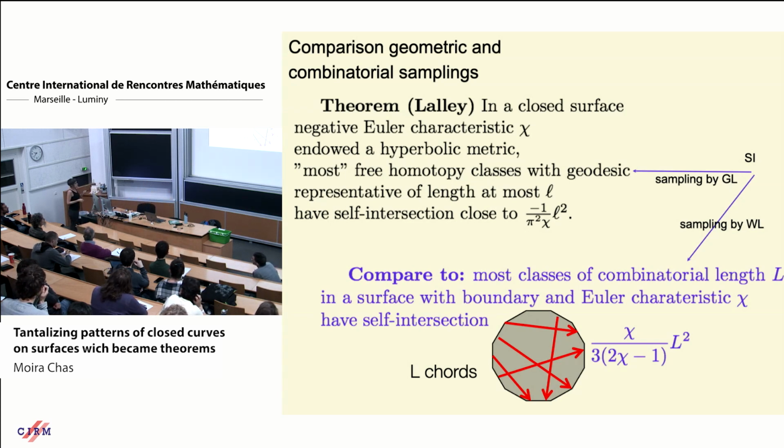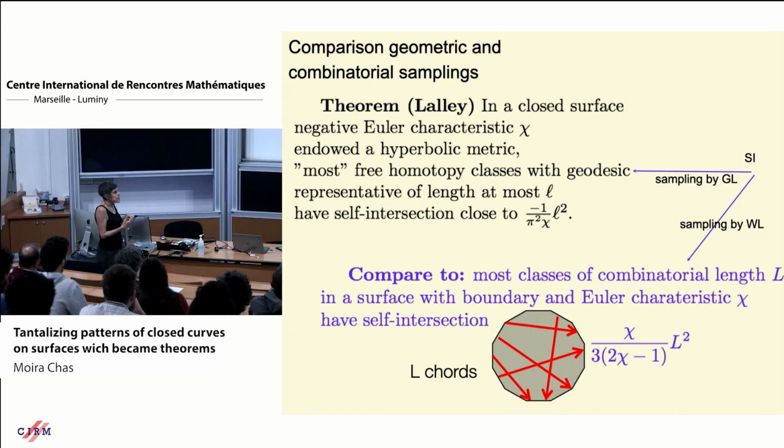Notice what happens here. If I fix the length but the Euler characteristic is very large, this can get very small. While here it's the other way around: this gets very small, but this one gets close to 1/3.